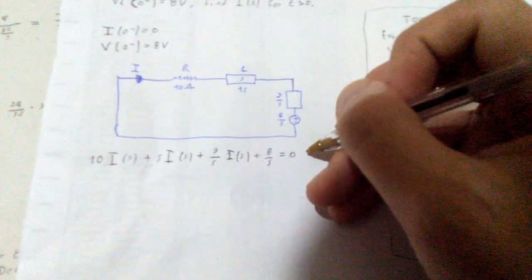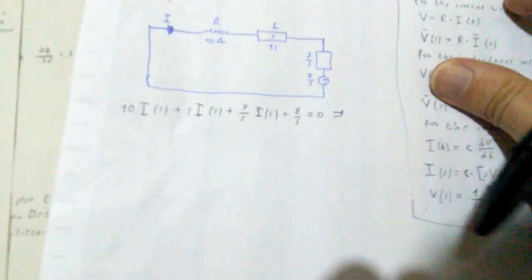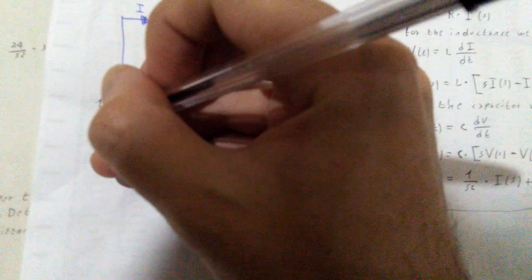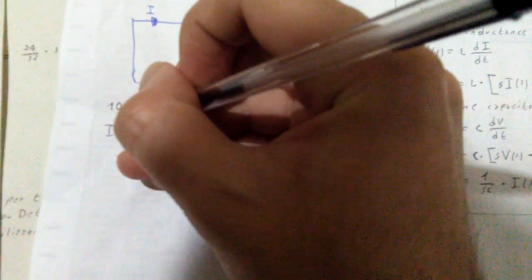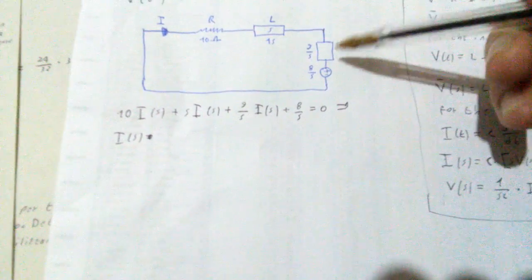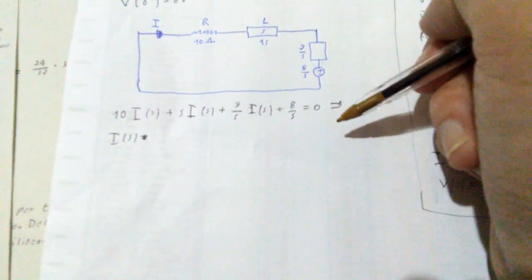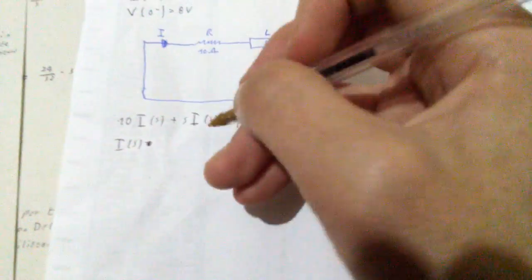Okay, so if this is true, and it is true, of course, then we can get Is in front of everything and rewrite all those terms together, plus 8 over s.